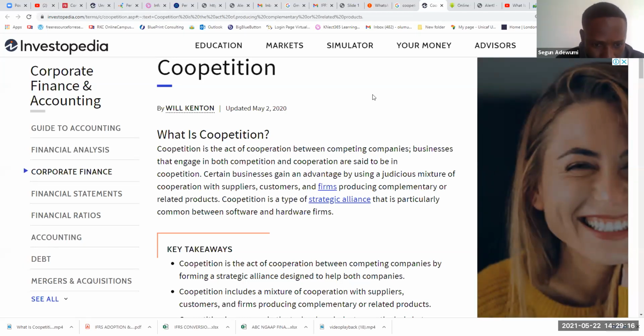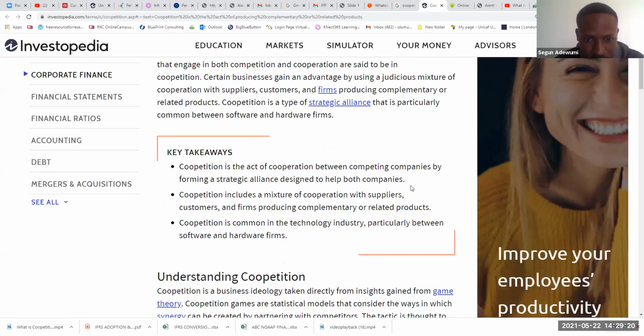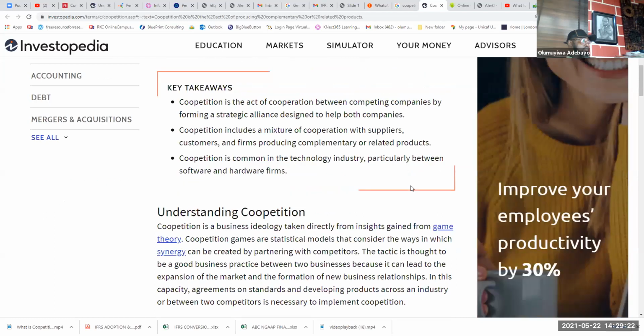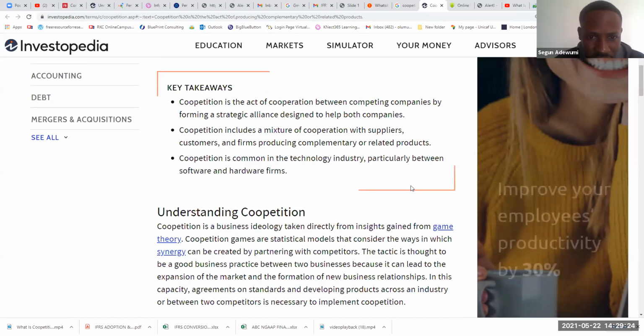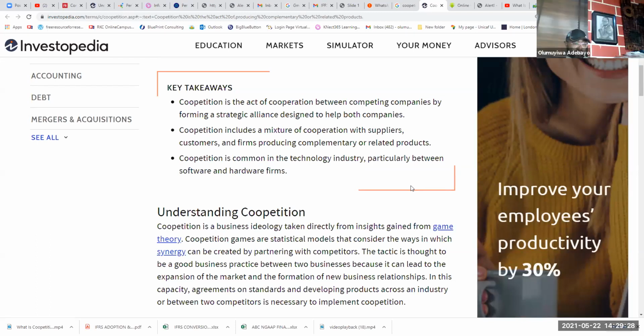Key takeaways: coopetition is the act of cooperation between competing companies by forming a strategic alliance designed to help both companies. Coopetition includes a mixture of cooperation with suppliers, customers, and firms producing complementary or related products. Coopetition is common in the technology industry, particularly between software and hardware firms.